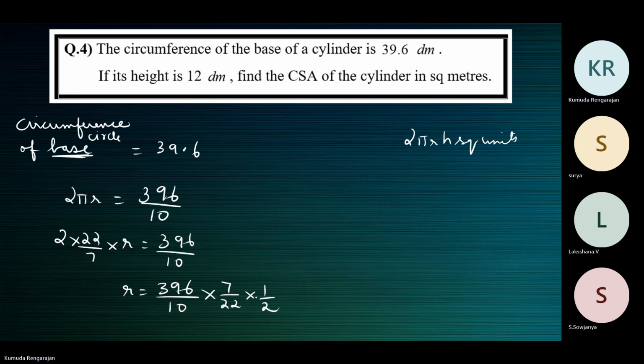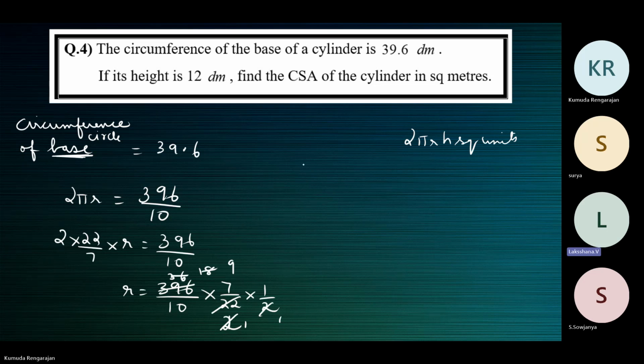Correct. I'll just cancel 22. 11 twos are 22, 11 threes are 33, 11 sixes are 66. Then 2 ones are 2, 2 nines are 18.